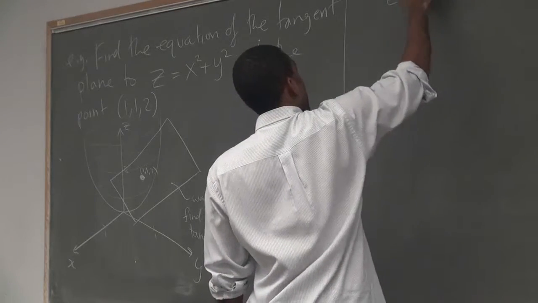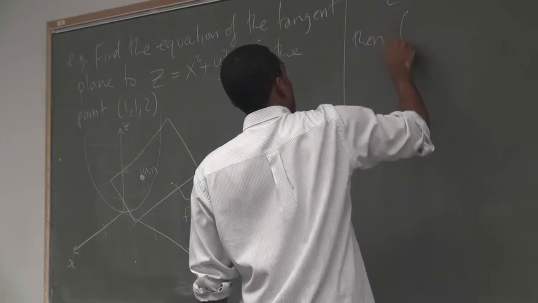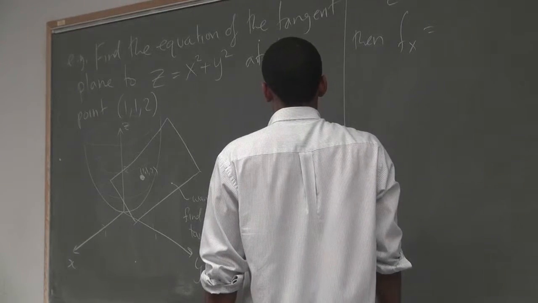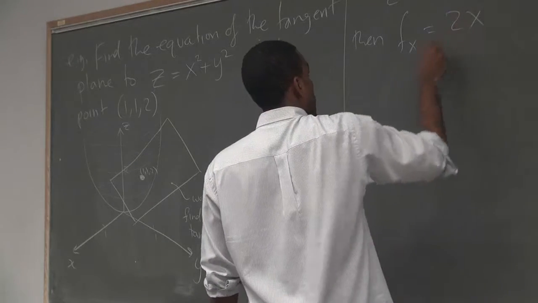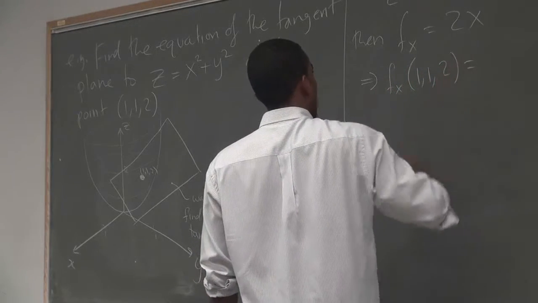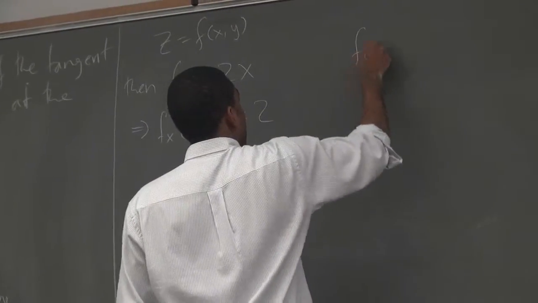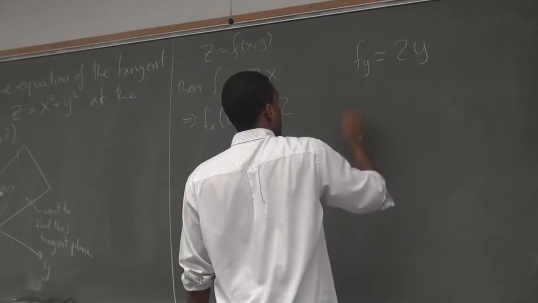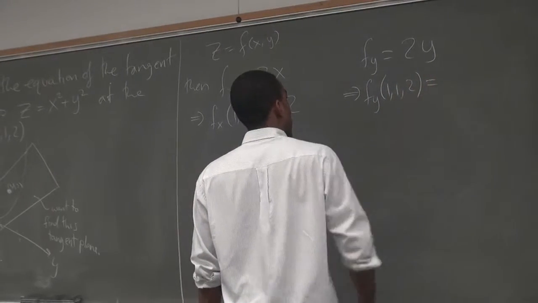So if z is equal to f of x, y, then fx would be equal to 2x, which means if I take the partial and I evaluate it at the point (1, 1, 2), what is the answer? fy is 2y, which means if I evaluate that at the point (1, 1, 2), what do I get?